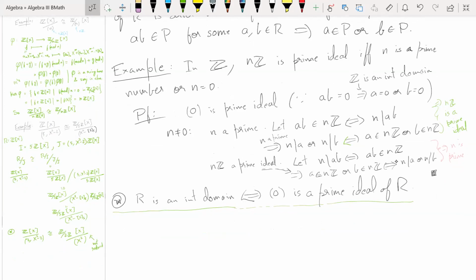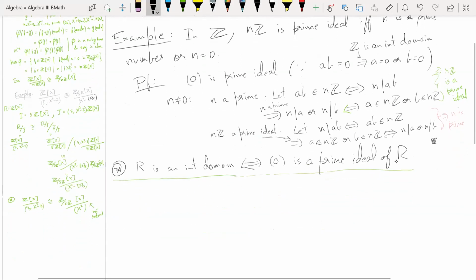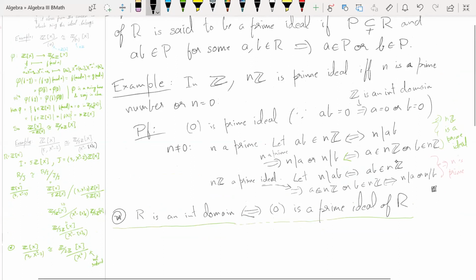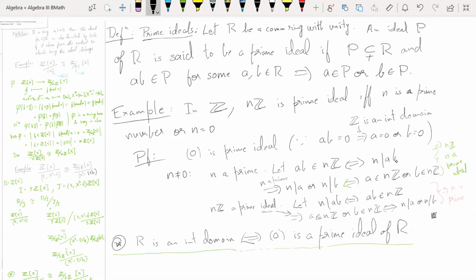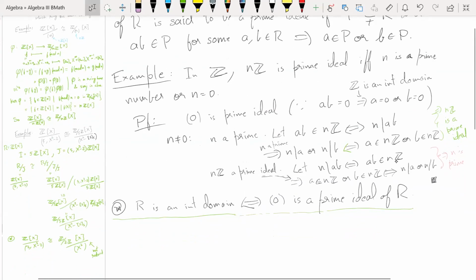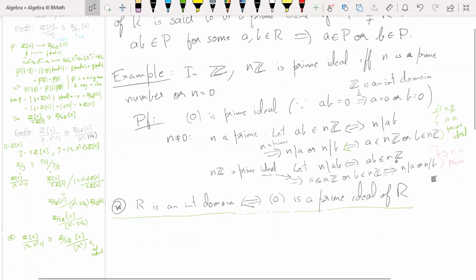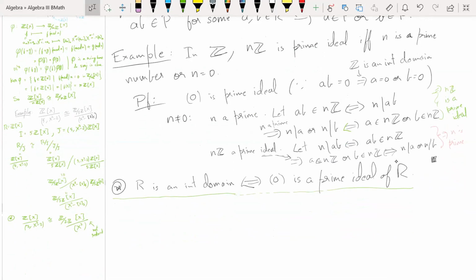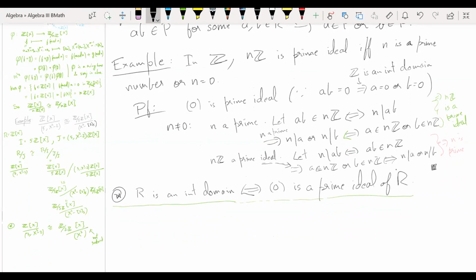So now I'll start writing on this spot so that everyone is happy. We made this observation that R is an integral domain if and only if 0 is a prime ideal of R. In fact, a decorated version of this is maybe this proposition.